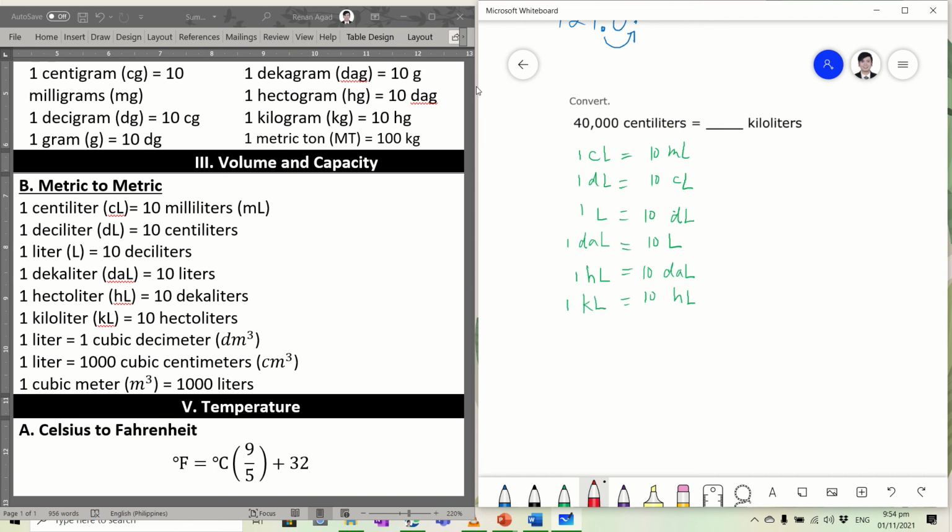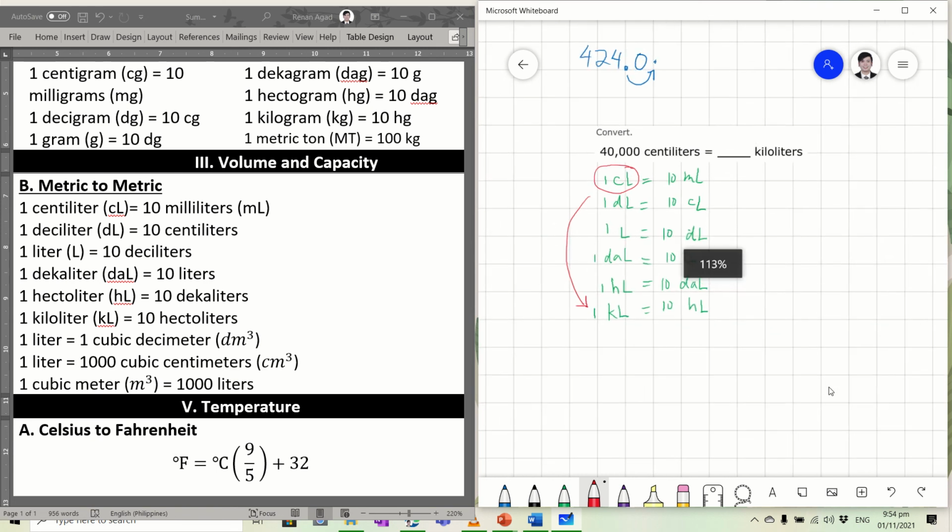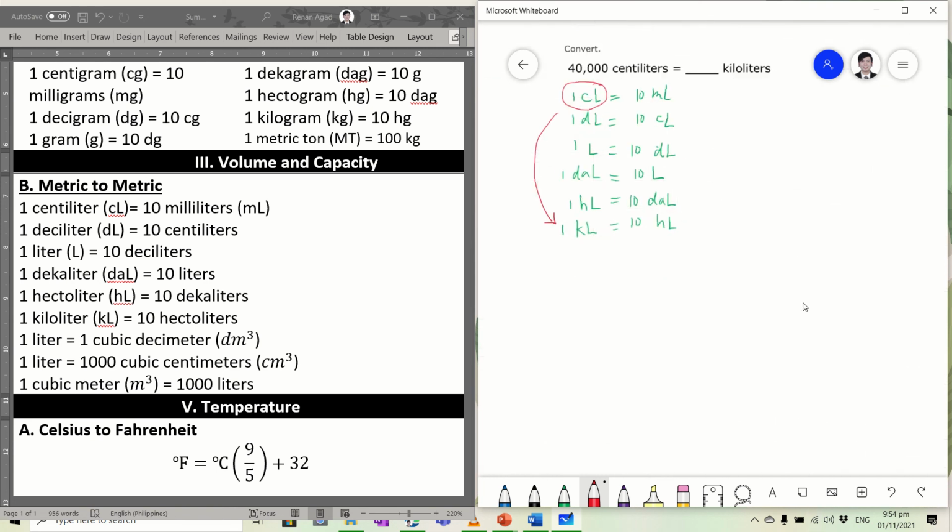So we're actually converting from 1 CL going to here. So very simple. All you need to do is to start with 40,000 CL. You multiply.